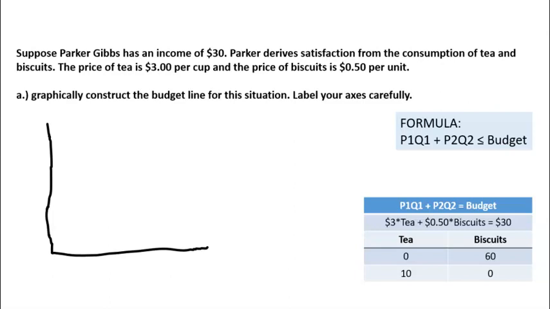We're going to label this, and let's just start with, I'm going to put quantity of tea here, and down here we're going to do the quantity of biscuits. I'm going to abbreviate here for you.